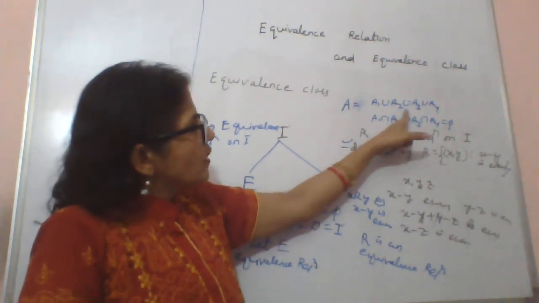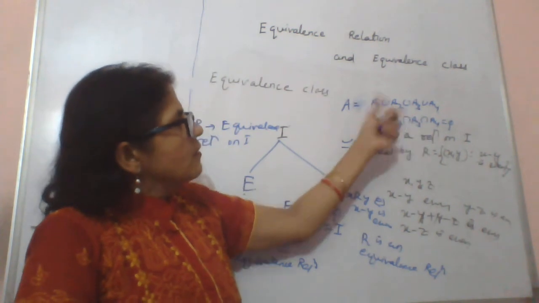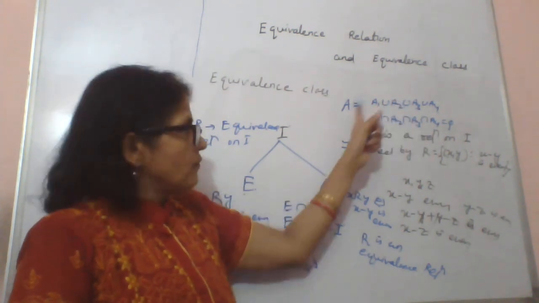So A1, A2, A3, A4 are 4 disjoint subsets of A.